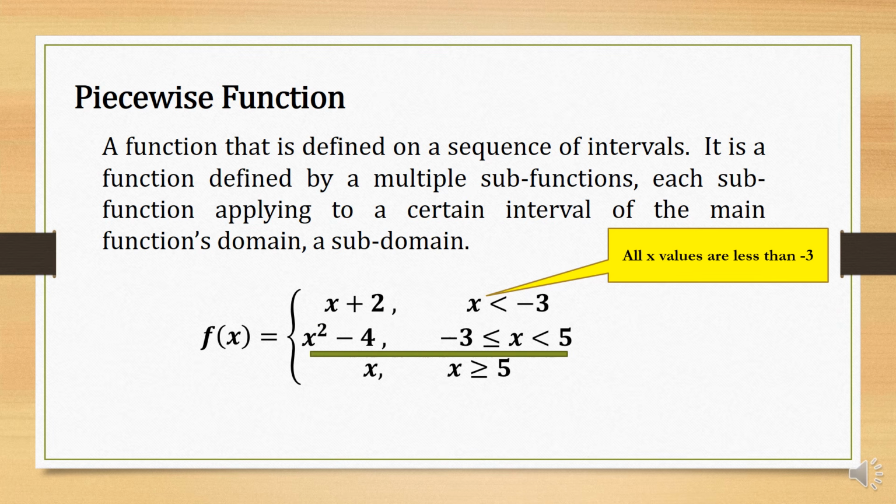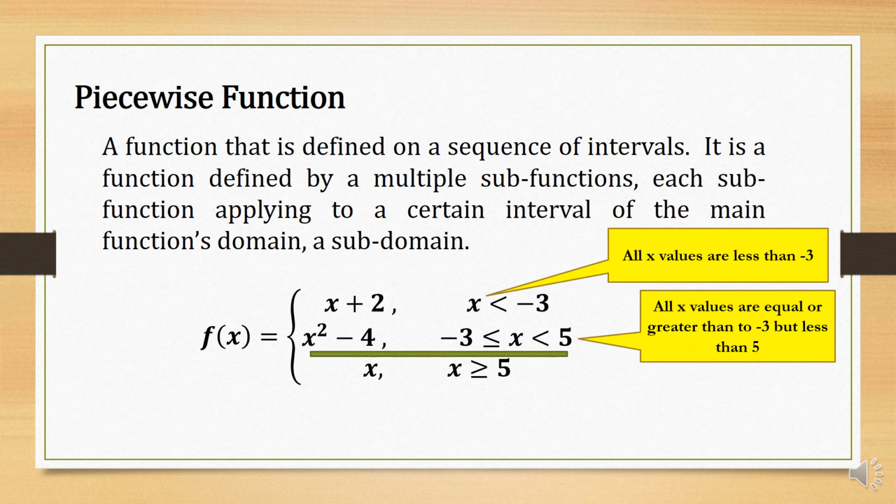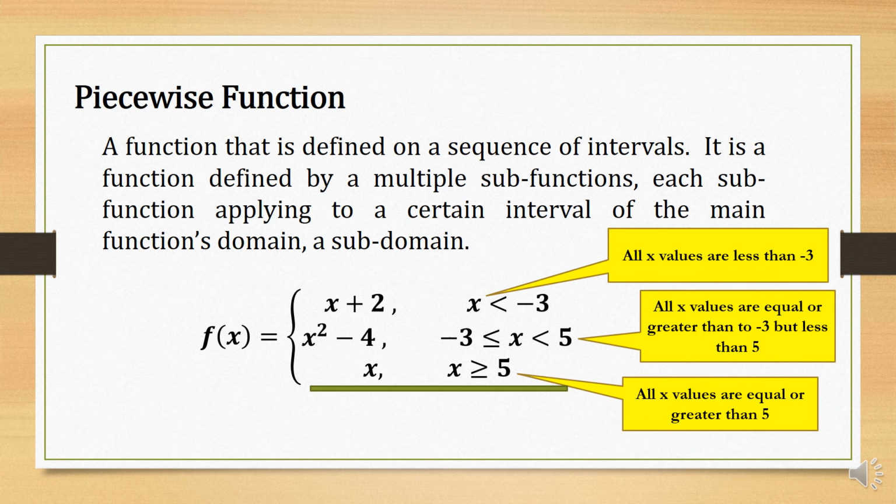The second subfunction is defined as x squared minus 4, whose x values are equal to or greater than -3 but less than 5. And the third subfunction is defined as x, whose x values are equal to or greater than 5.